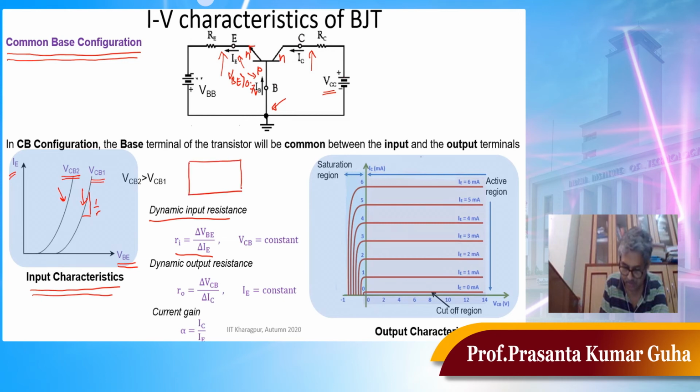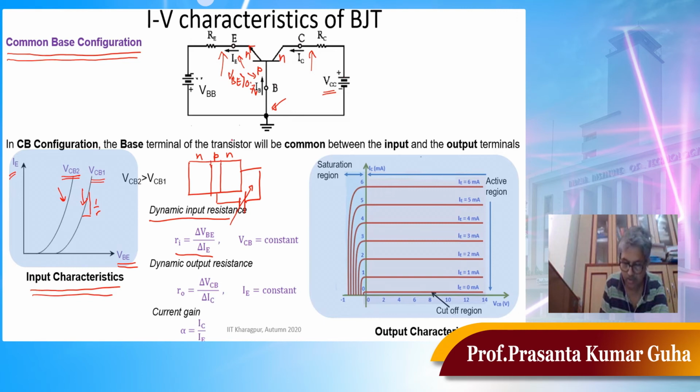Let me draw it. This is your base, this is your emitter, this is your collector. If you increase the collector base voltage, what will happen?